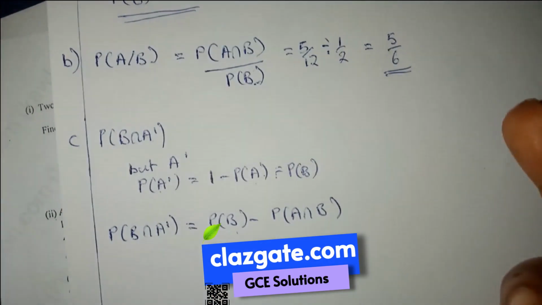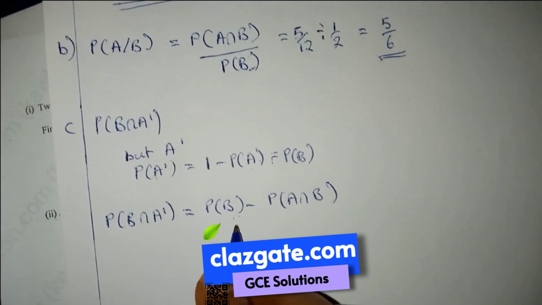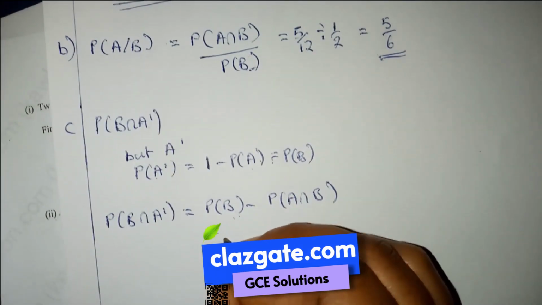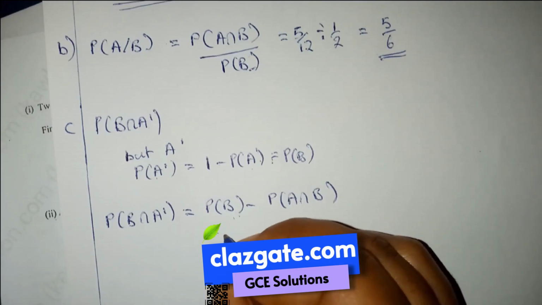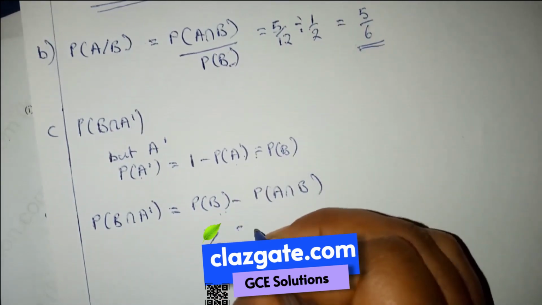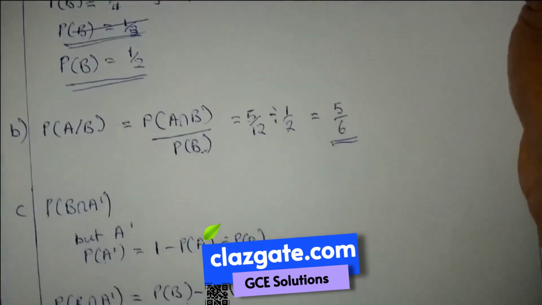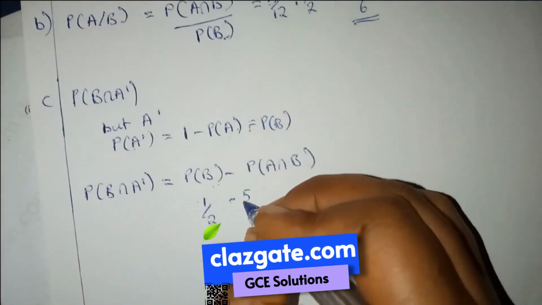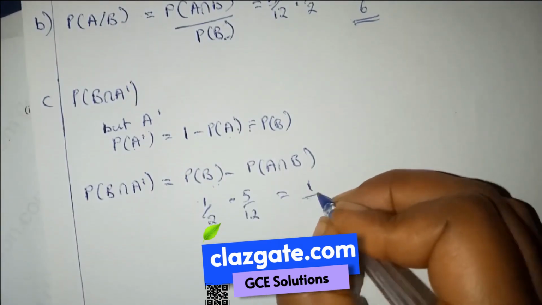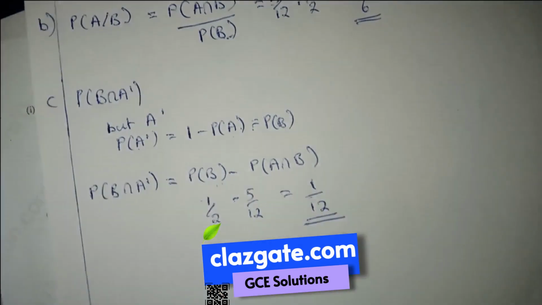So the probability of B is 1 on 2, minus the probability of A intersection B, which is 5 on 12. This will give us 1 on 12. So your answer to C is 1 on 12.